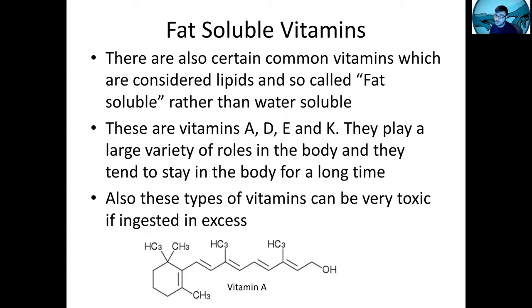Another type of lipid that we want to talk about is called fat-soluble vitamins. These are actually very, very common in biology. You've probably taken some very recently, either in your food or as supplemental tablets. These are very common vitamins, and they're called fat-soluble, and they're considered lipids, right? Because remember, if it's dissolved in fat, like dissolves like.